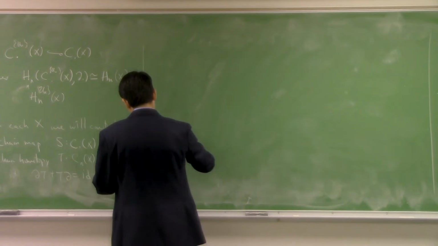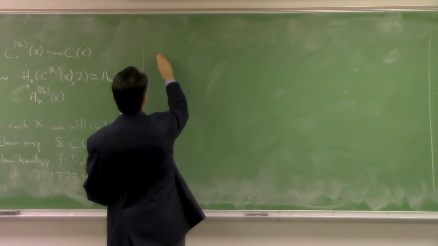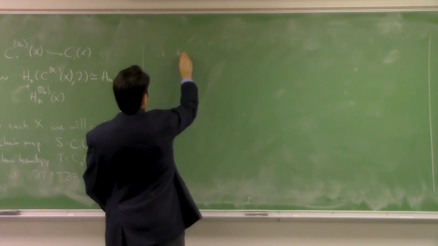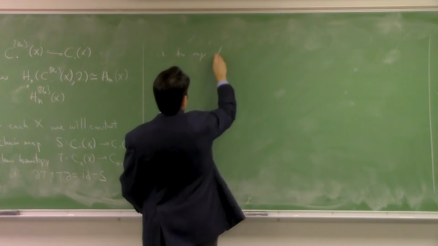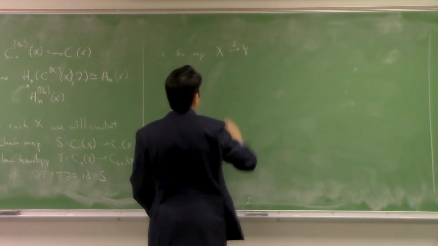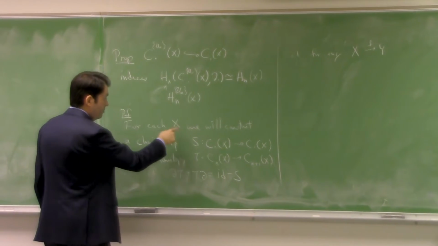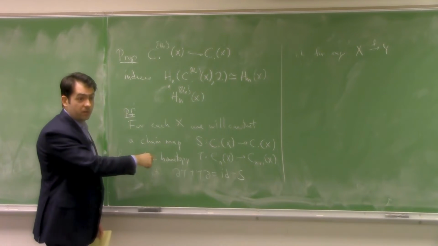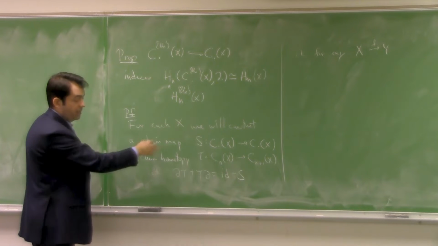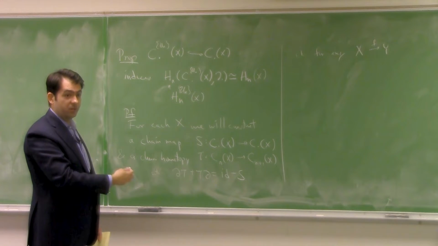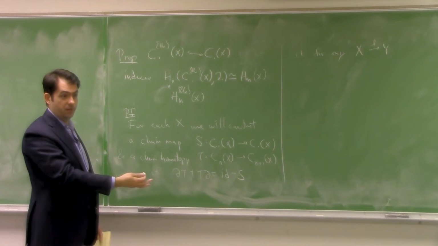Okay, and we're going to ask that for any map between spaces, we construct these for every X, and then we want it to not depend too much on X. We want it to be natural in X, is the phrase.